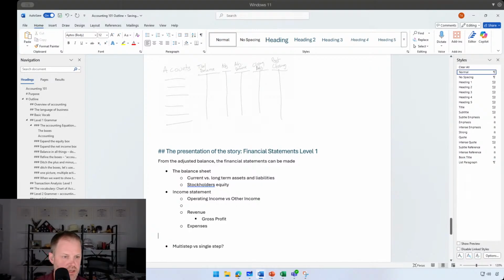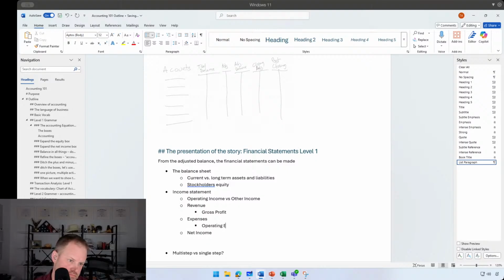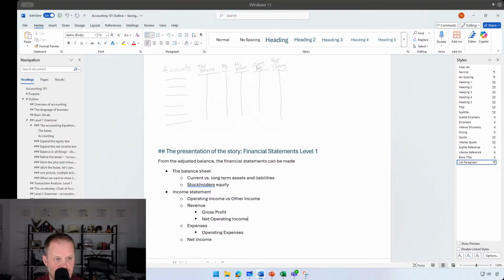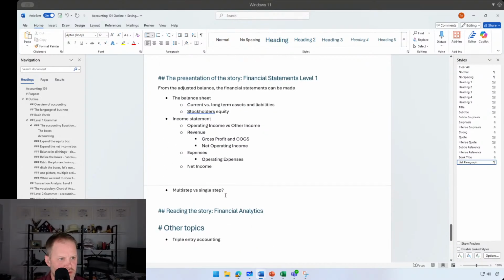I don't know if we mentioned that or not. Maybe. Okay, but revenue, expenses, net income. I don't know. We'll decide later how we'll spell this out, how in depth we get, like gross profit, operating. Like, do we introduce the idea of cost of goods sold yet? I don't know. Okay, so the financial statements.